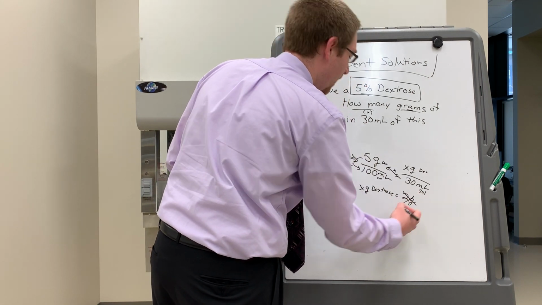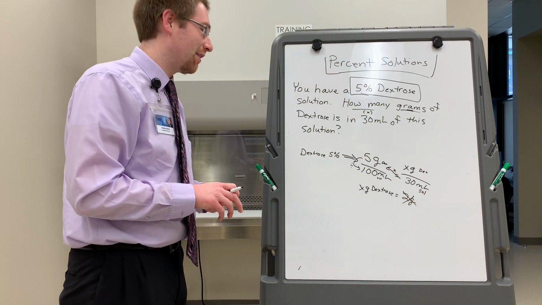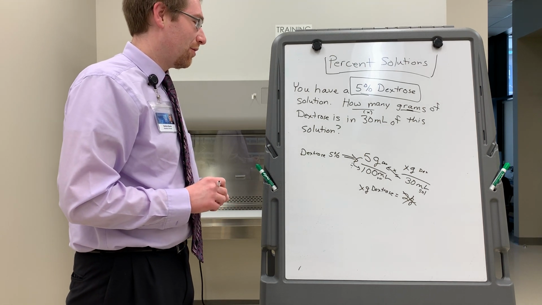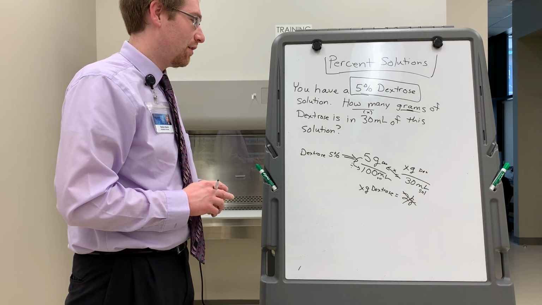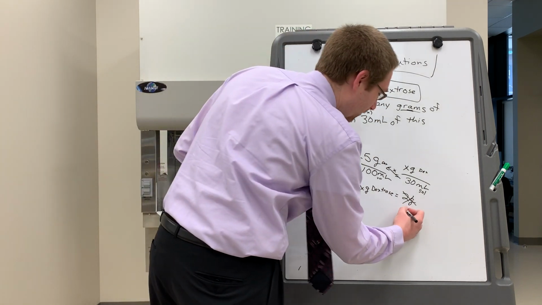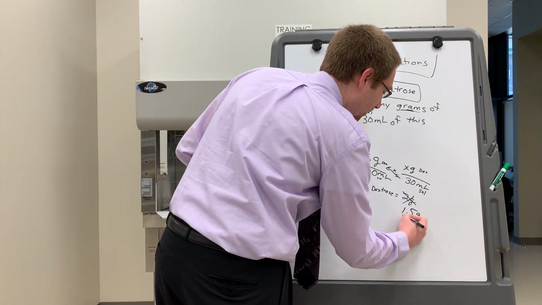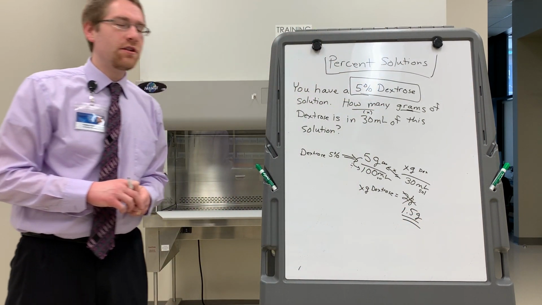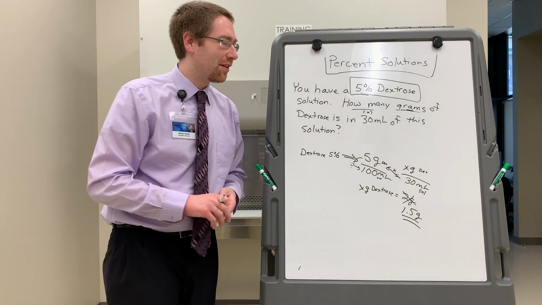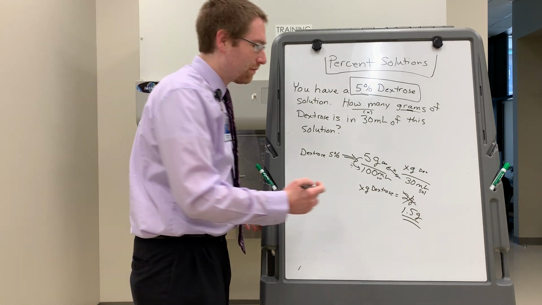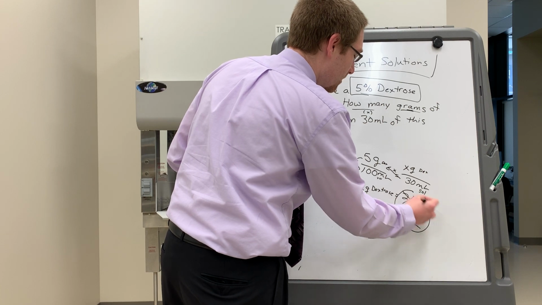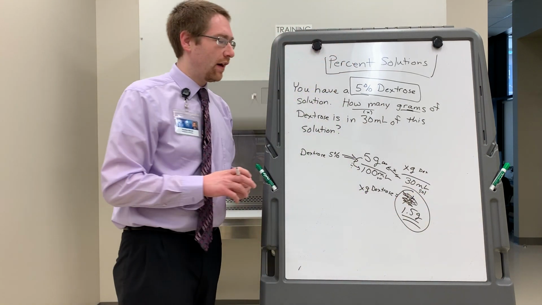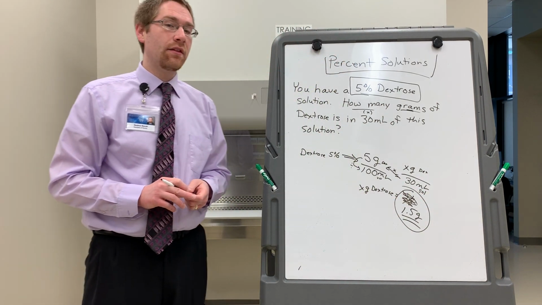Actually, no, it's not. This is what happens when you don't have a calculator. It's going to be 1.5 grams. You can double check my math on your own, but I do know that's the answer. So X grams of dextrose is going to be 1.5 grams in 30 mL.